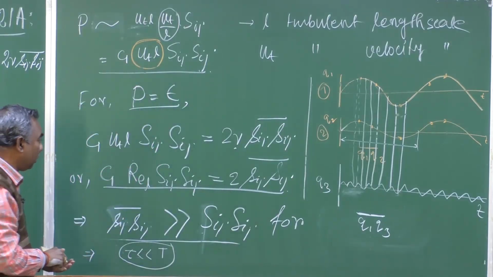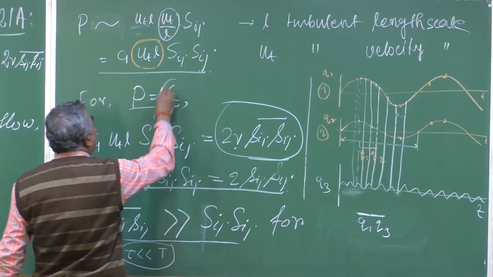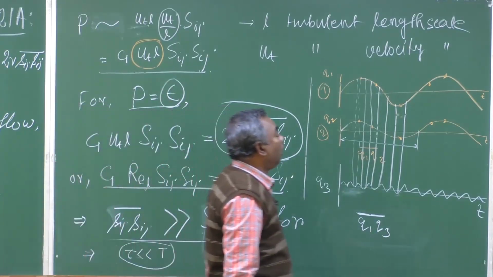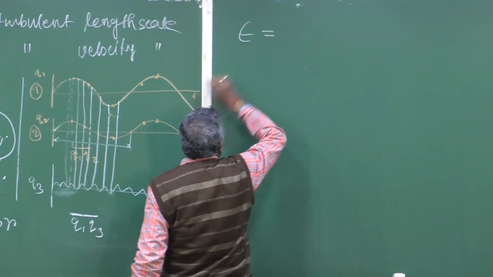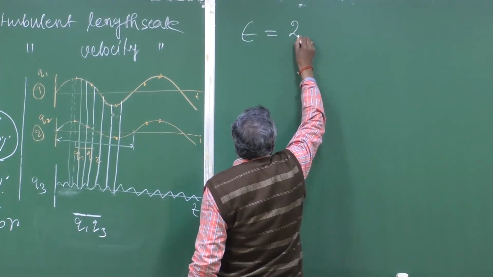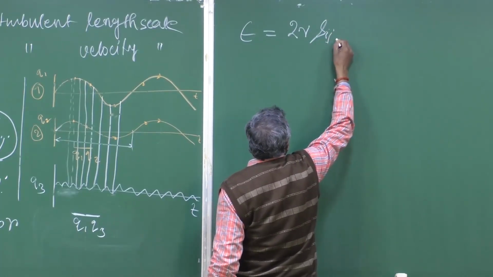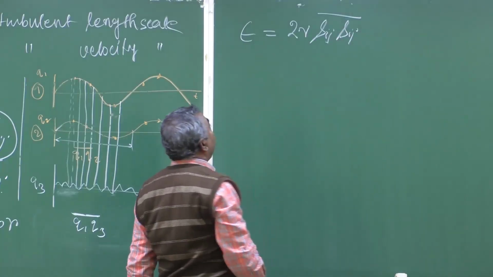Now, let us consider the dissipation term. This is your dissipation term, or epsilon term, that we have considered. In the last class, we considered epsilon as twice nu small Sij, the bar. Okay.